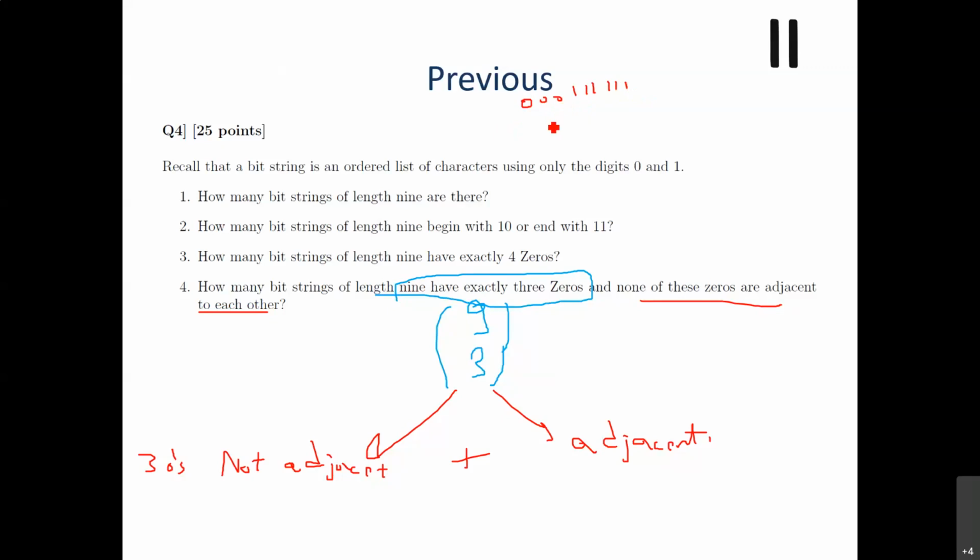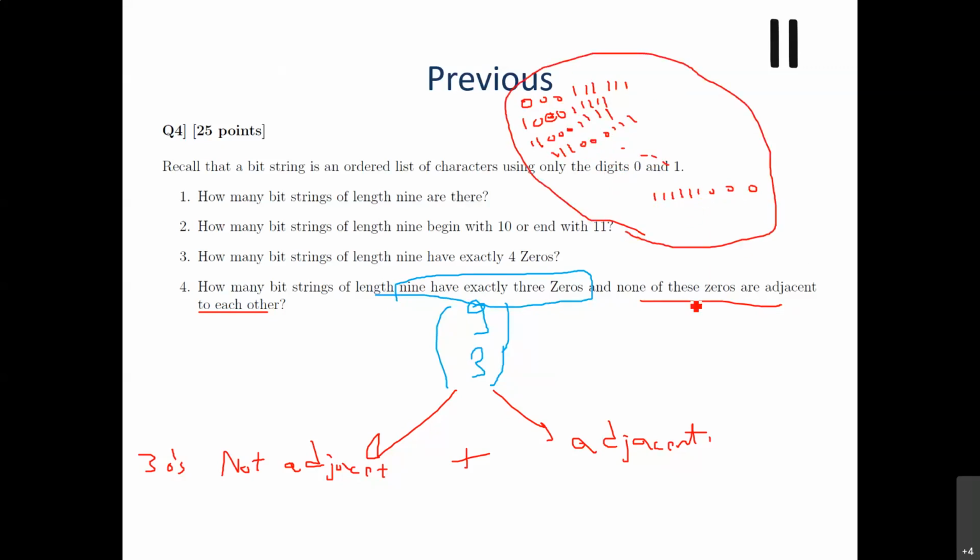Just keep moving them until you reach the right, and those will be all the possibilities. Then it could be here, and keep shifting. It's a specific, finite number, all the way until you reach this. In all of these, the 3 zeros are adjacent and you have 9 digits.